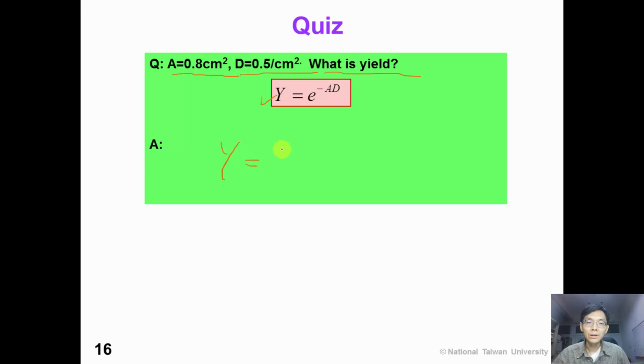The answer would be Y equal to e to the minus 0.8 times 0.5, which is approximately 60%. Based on this reasonable die size and reasonable defect density, the yield seems to be pretty low for an IC product to be profitable.